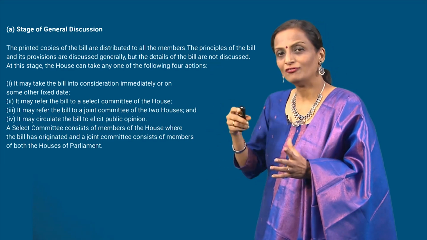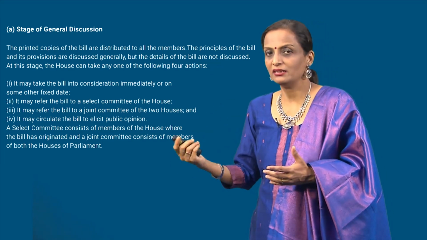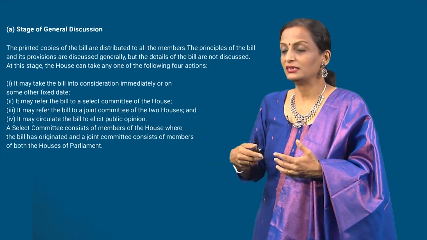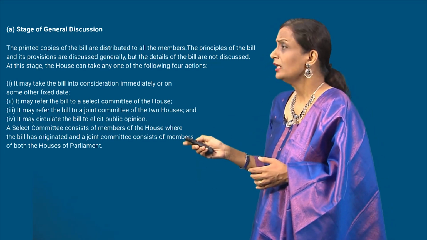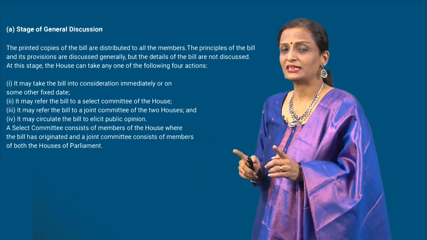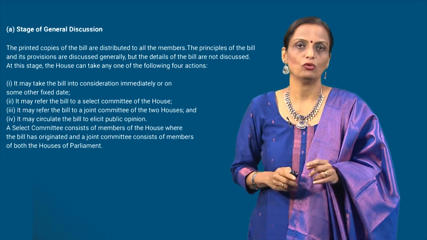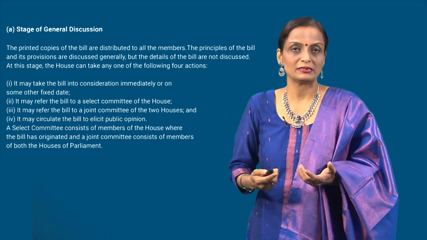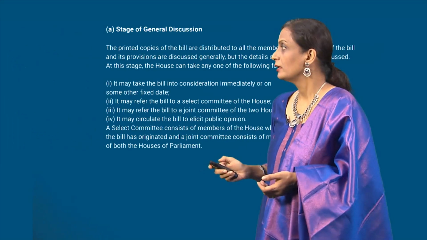And they have to fix a date as per the requirement and the urgency. And also the important thing is that it can elicit public opinion if they have to respond immediately.